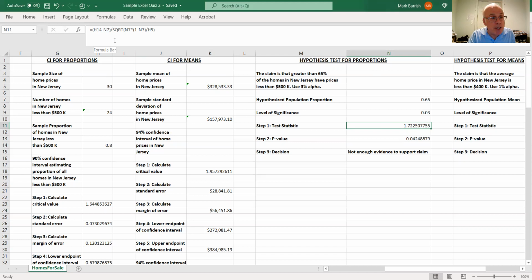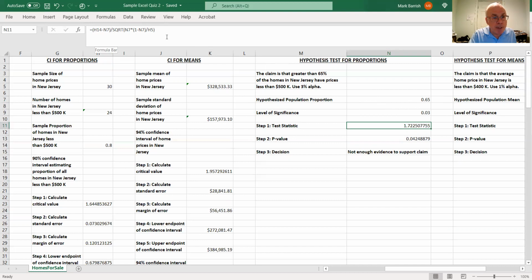It's H14. That's this number right here, that 0.8. That's our sample proportion. Minus N7. Well, N7 is going to be the 0.65. So we have 0.8 minus 0.65. But again, you don't type the numbers in. You refer to the cell positions.